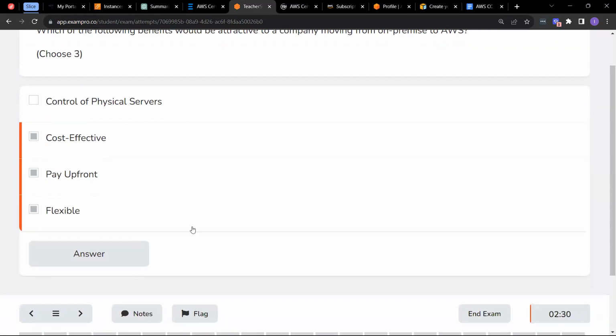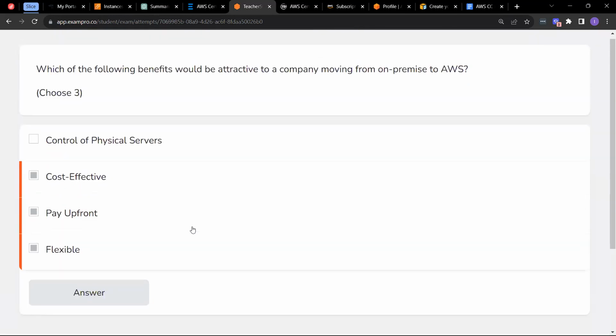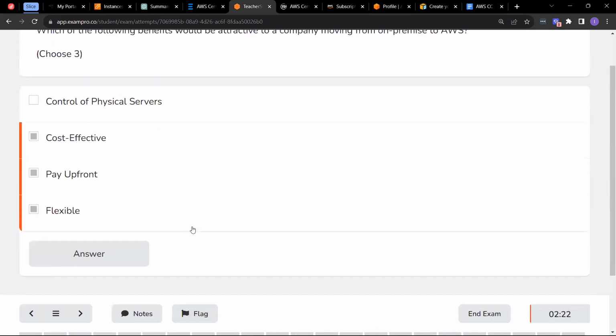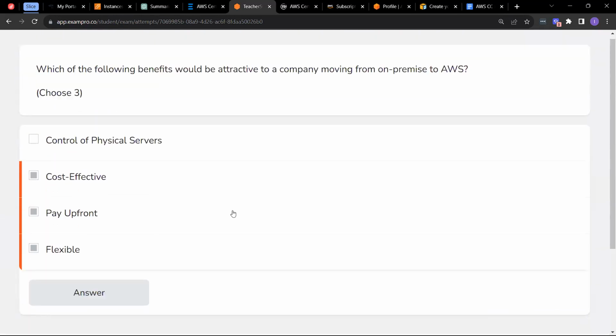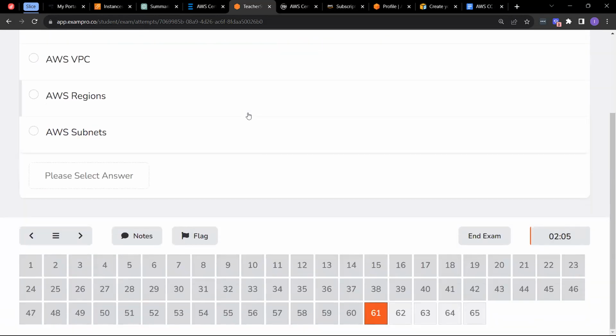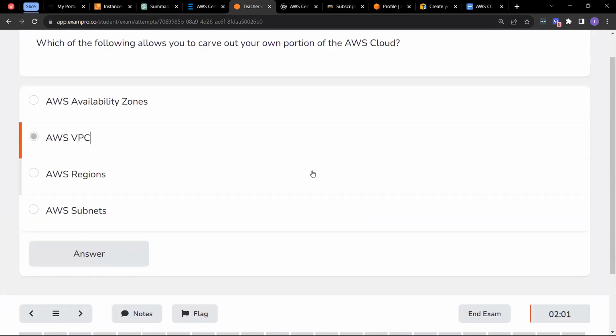That will not make it attractive for the company. In these questions, by elimination, he is using 3. The pay upfront could even be attractive if you are using a reserved instance. But the main thing about AWS is always no pay upfront. That's one thing they emphasize. Don't worry, we'll see the answers later. Let's go. We have 2 minutes.